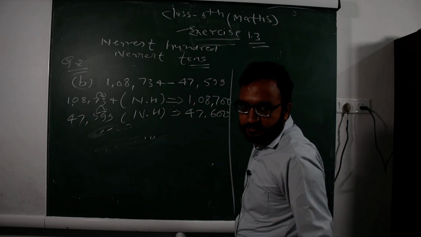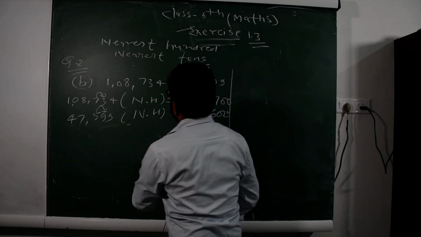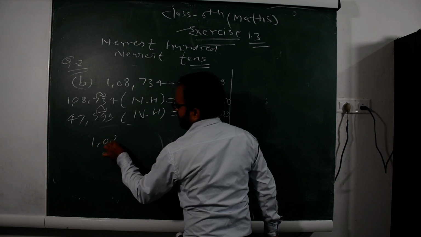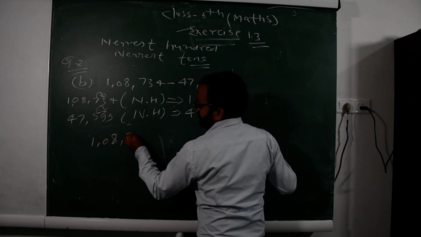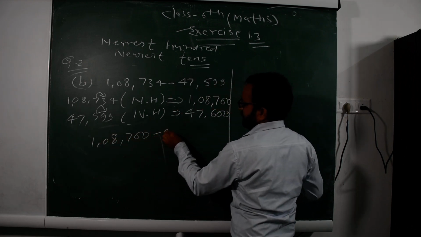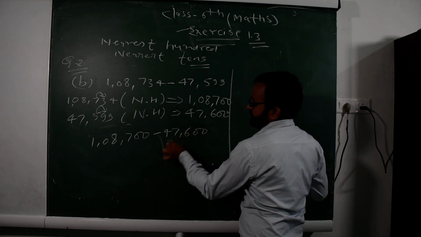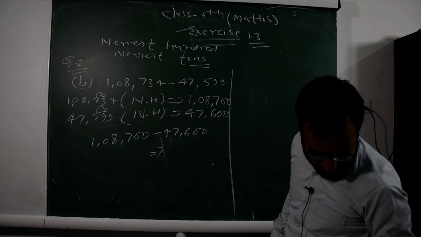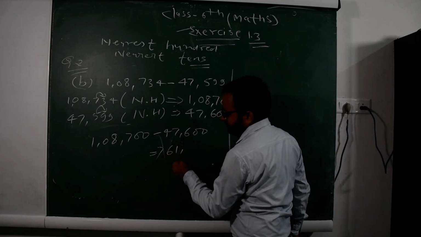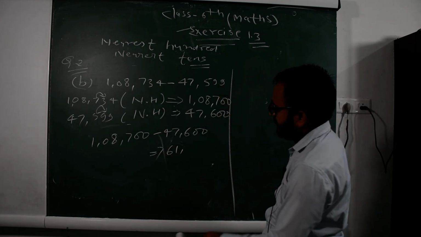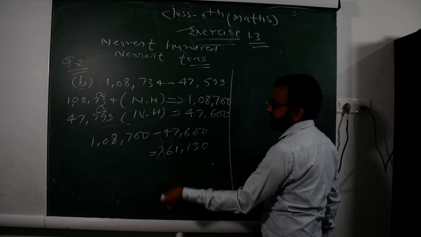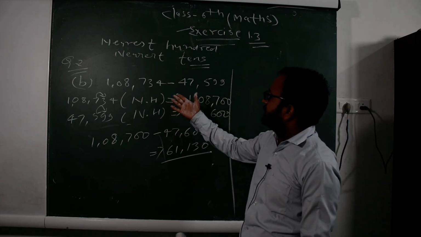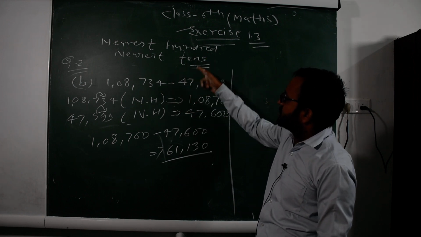Now we perform subtraction. 1,08,700 minus 47,600. Your answer will be 61,100. So this is your estimated subtraction nearest 100.